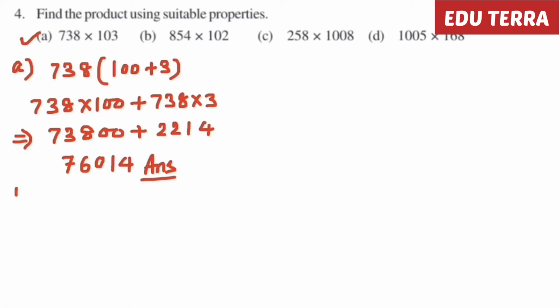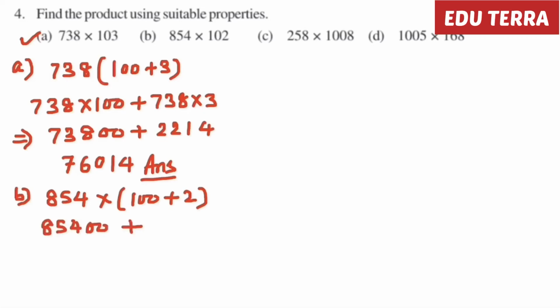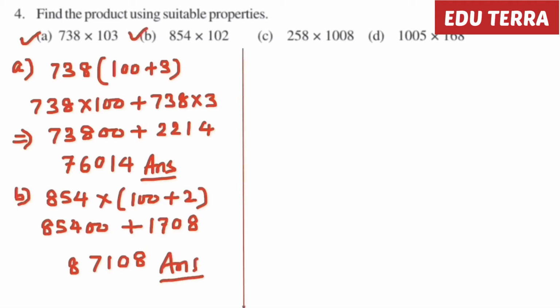Now part B. Similarly we can do part B also. 854, it is 102. So 100 plus 2, 854 into 2. This is our answer for this one. In part C, 258.